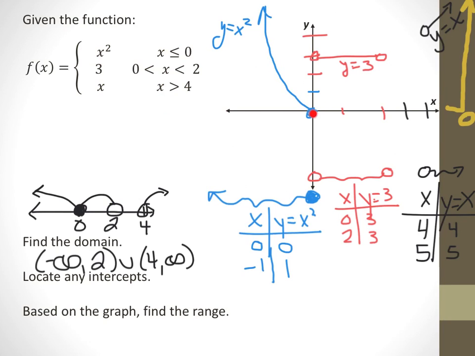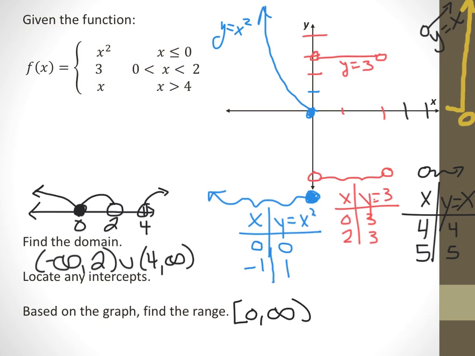This has y values from 0 to infinity. So even though this guy doesn't have a y value on the endpoint because it's an open circle, that y value is covered over here. So it's everyone from 0 to infinity, including 0. So let's write, oh, that's intercepts, 0 all the way to positive infinity.